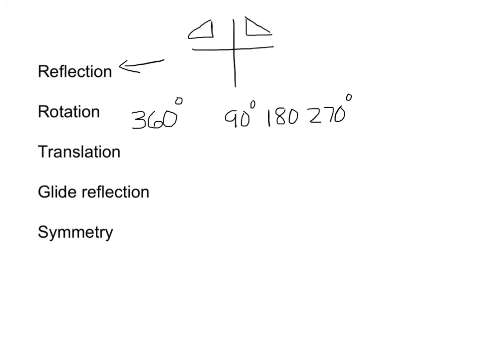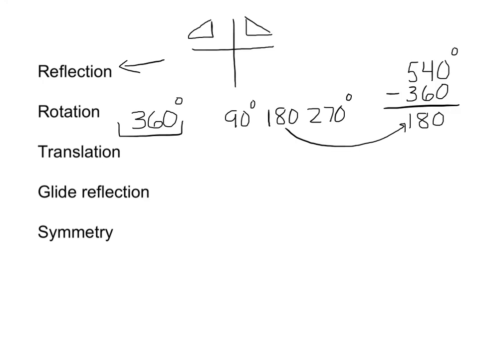But remember, anytime you end up with a number higher than 360, for example, maybe it's a 540 degree rotation, well, 360 puts me back at my starting location. So just subtract 360 off as many times as you need to. And then a rotation of 540 degrees and a rotation of 180 degrees are the exact same thing.